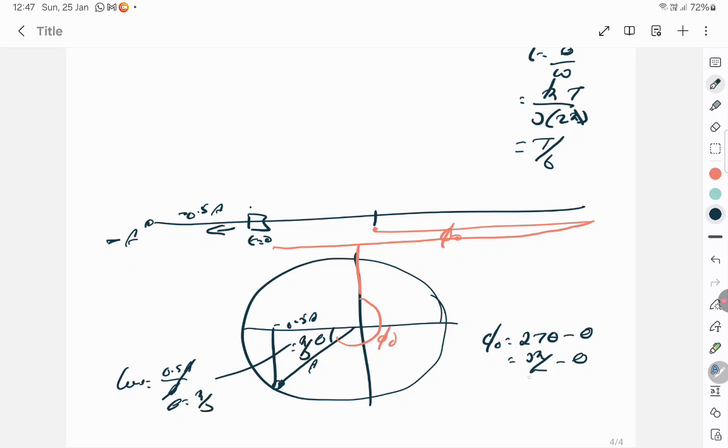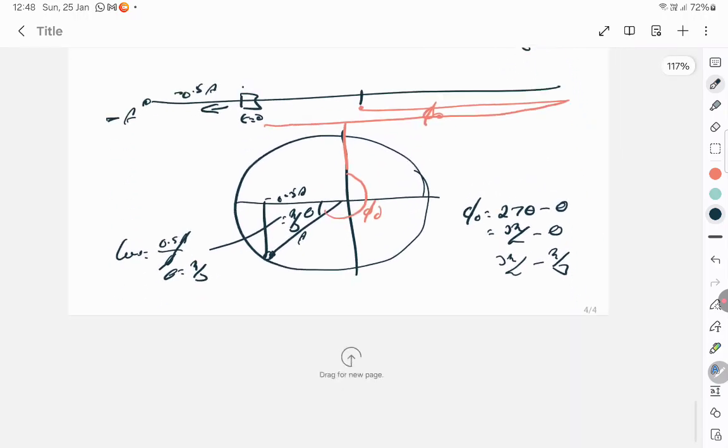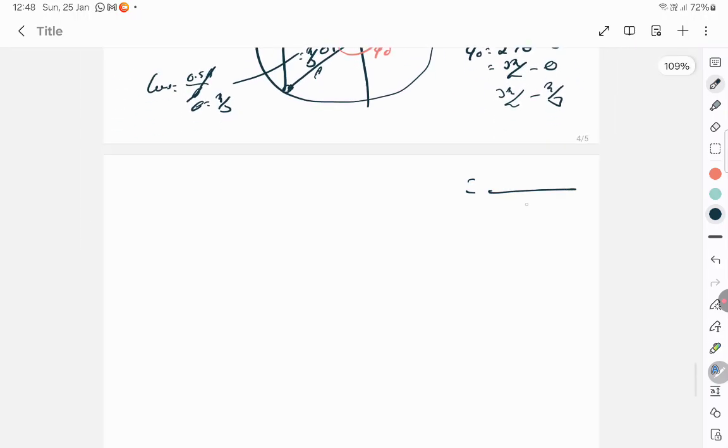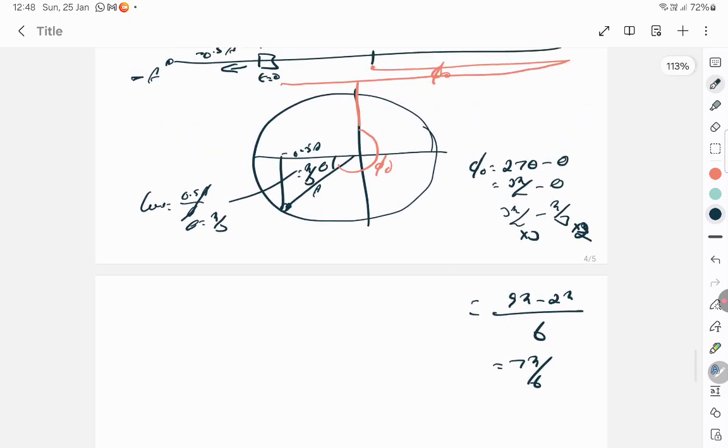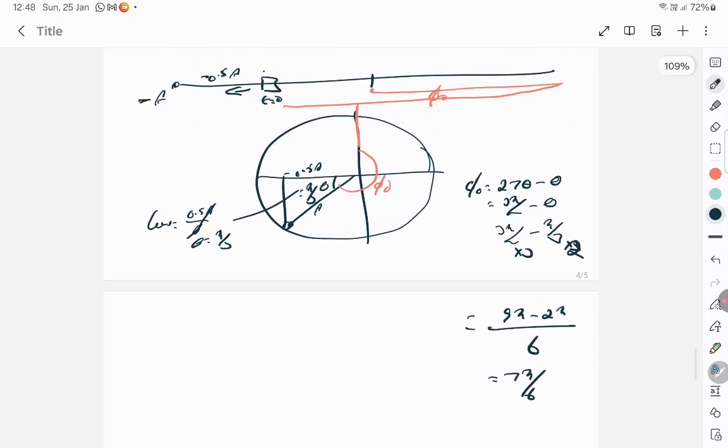Then 3 pi by 2 minus pi by 3 is what you have to do to get the phase. The LCM will be 6, so you do 3 into 3 and 2 into 2, giving 9 pi minus 2 pi, which is 7 pi by 6. So let's see if what I'm doing is right. I'm trying to find the initial phase. That's the question.